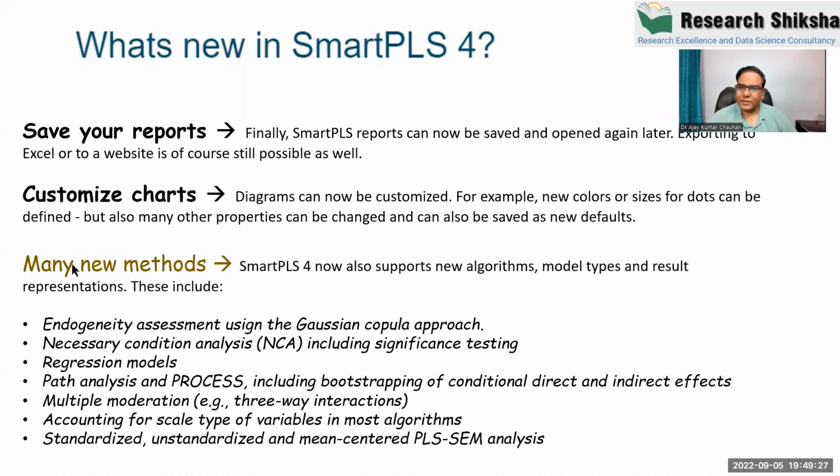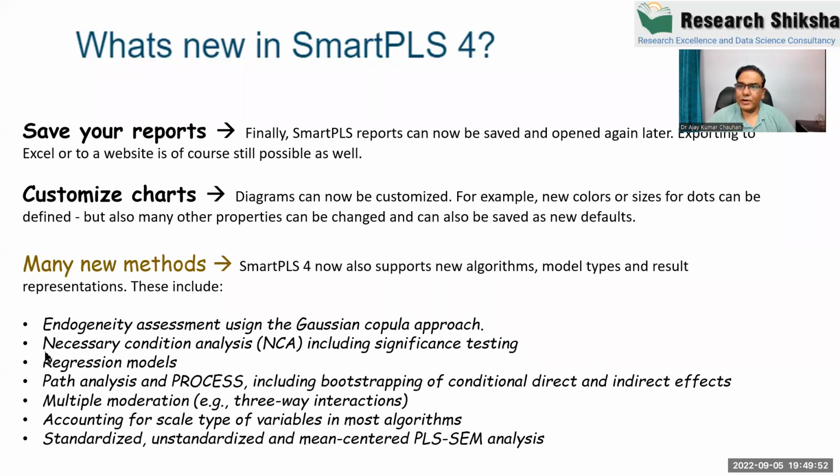All the information I took from the website of SmartPLS 4. There is the endogeneity assessment using the Gaussian copula approach. This is a new approach. In previous versions, this approach was not available, but in the new version they provided this Gaussian copula approach. So that is a new thing which we have.